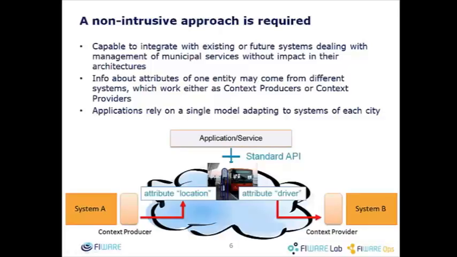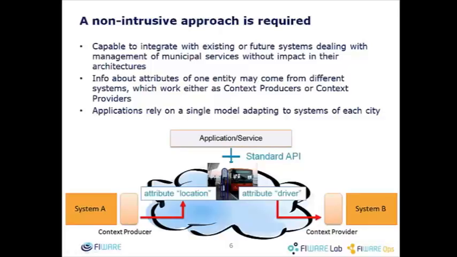So for example, for the entity bus, you could have the attribute location coming from production system A, and then the attribute driver, which is also an attribute of the object bus, coming from a different context provider called B.